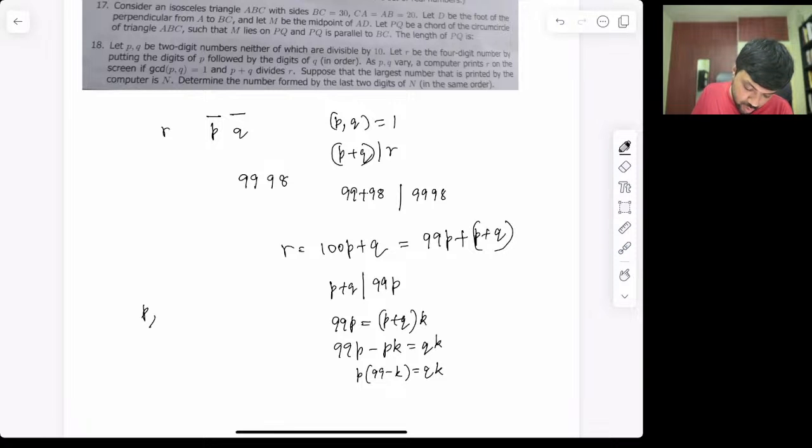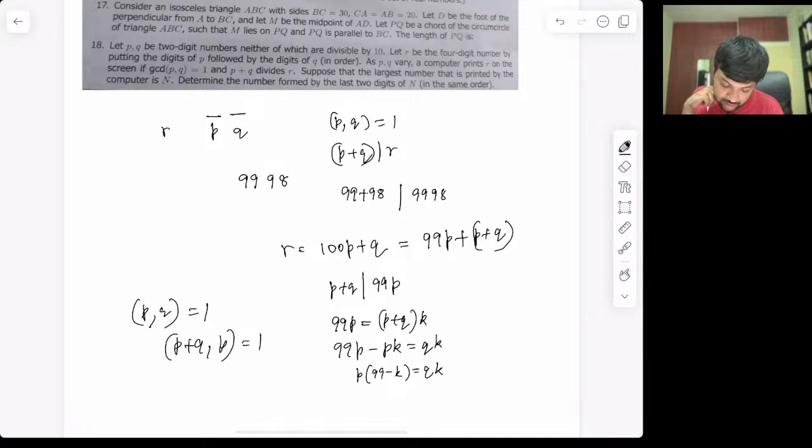GCD of p comma q is 1, doesn't it imply GCD of p plus q comma p is 1? Oh, that would have made our life much easier. Is it true? It's true, right? By Euclid's division algorithm, this is true. It's equivalent. So which means p plus q and p have no common factors. So p plus q should divide 99.